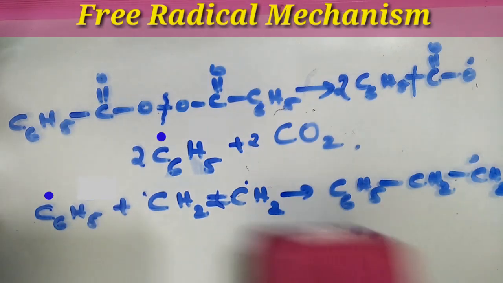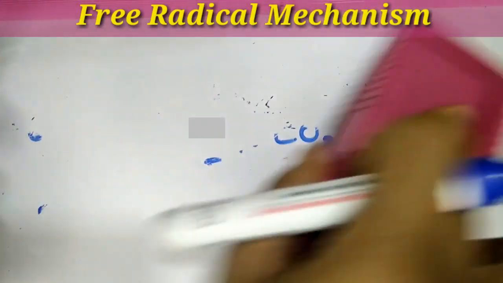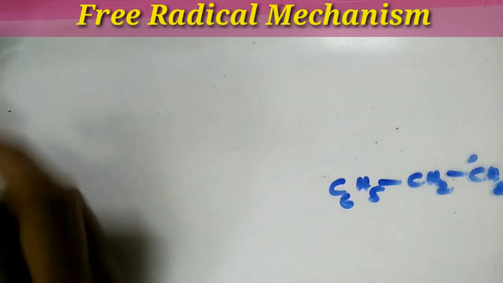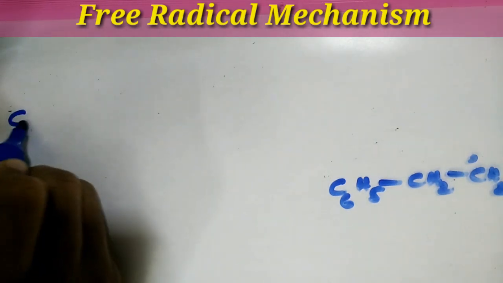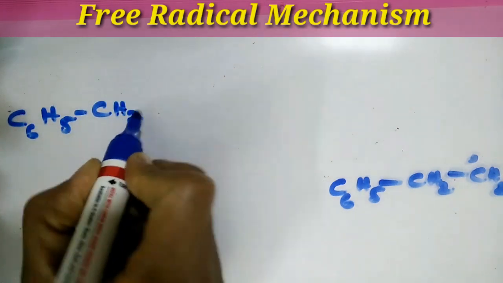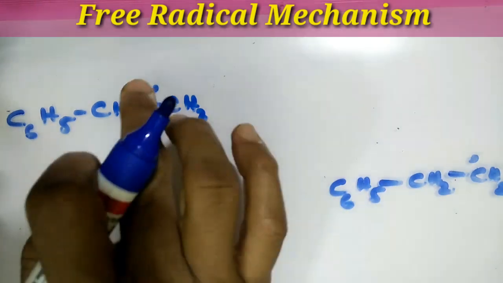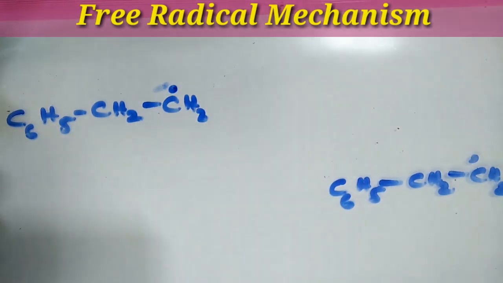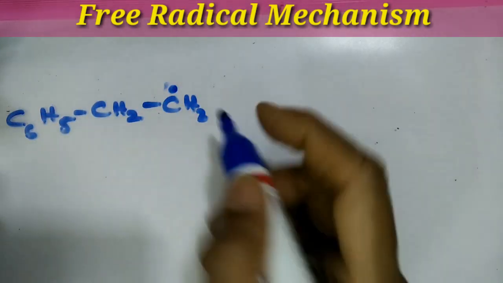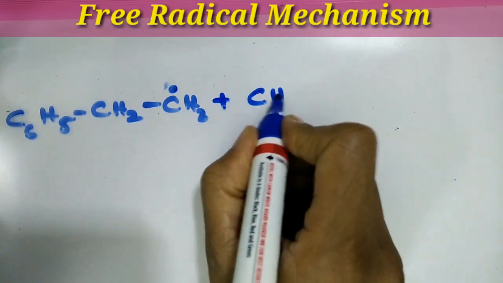And the second step starts with the free radical obtained from the first one. This is the free radical obtained, so I am writing this again, C6H5 CH2 CH2 free radical. Starting from there, it again reacts with another ethene molecule.